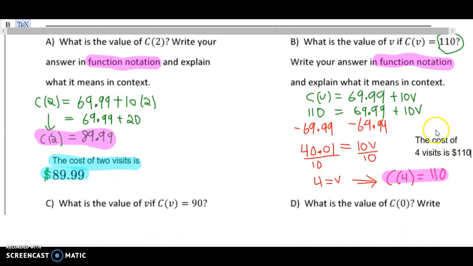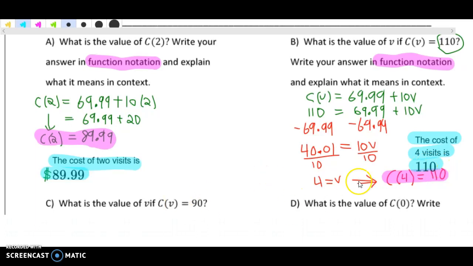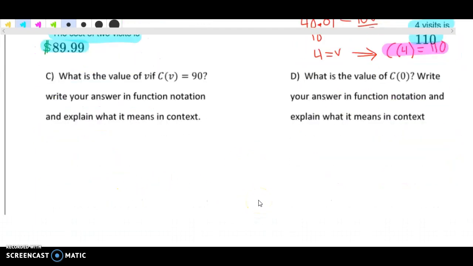We do have to explain this because they do want the explanation. Basically, the cost of 4 visits is $110. And I'm going to highlight that. I don't know why it changes the 110 automatically to a different font. That's okay, it's $110. Okay, let's move on to example C and then D.